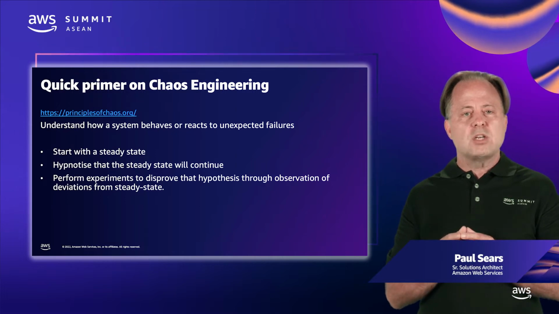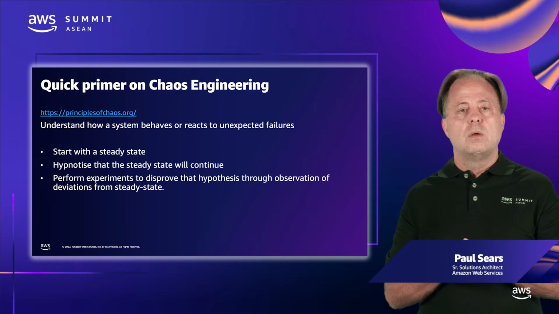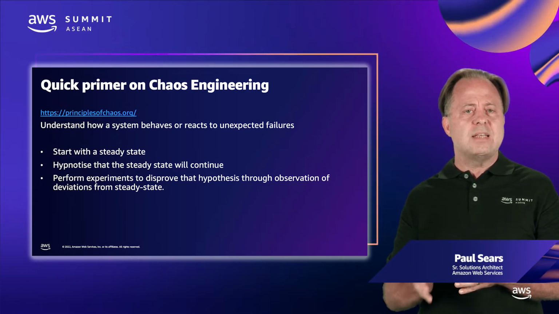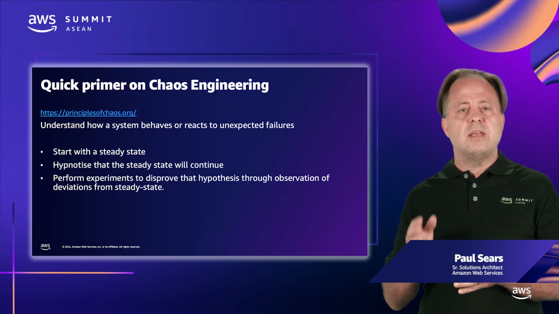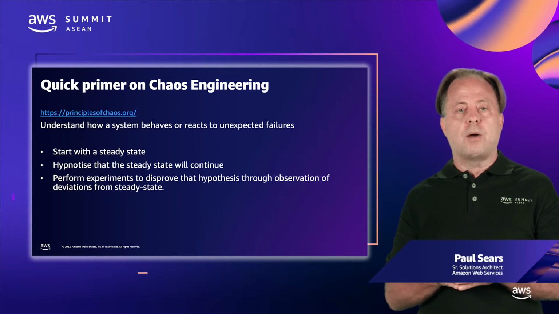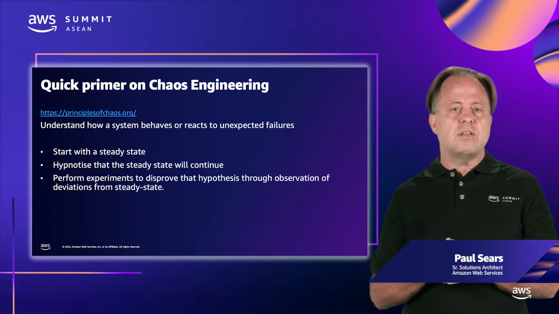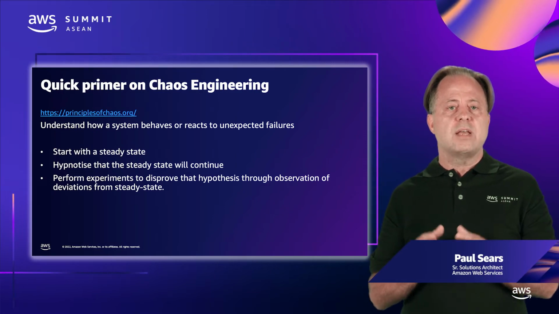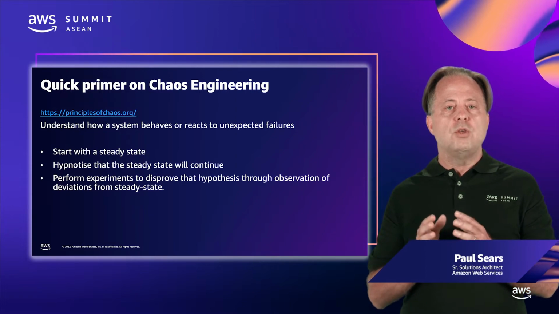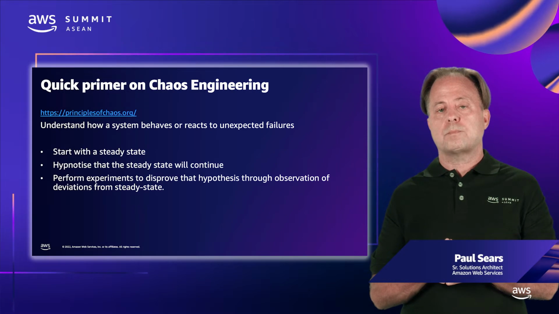Steady state is the perpetual system behavior you are attempting to achieve. Once you understand the steady state, you form a hypothesis that the steady state will continue in the event of an unexpected failure or disruption. You test your hypothesis through controlled, real-world experiments that attempt to break the steady state to uncover weaknesses in the architecture of the system. Through the discovery of failure points, you can implement appropriate changes to address the system weakness.